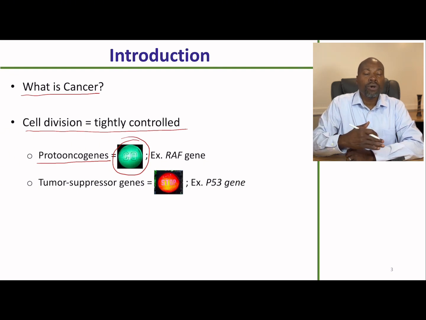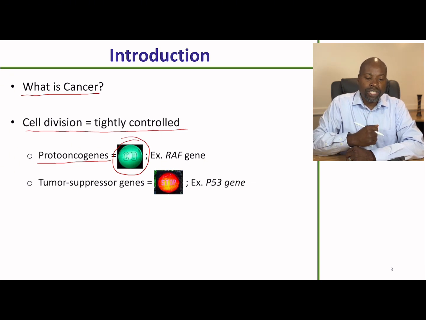So a cell can go from a G1 stage of the cell cycle to an S phase where the genetic information is going to be replicated. And from the S phase to the G2 phase, when the cell is going to prepare to enter the mitotic phase, right, which is the distribution of the genetic information and the division of the nucleus, and eventually the cell is going to divide, right?